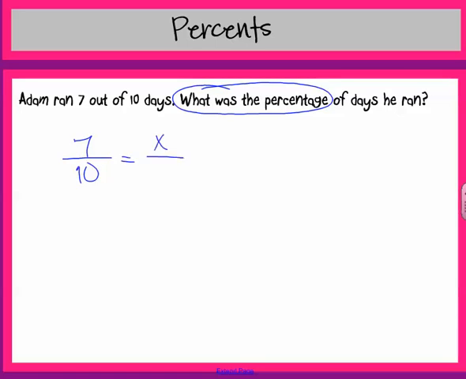We're missing the percent, and we know percent's always compared to 100. So we're doing the same thing now. We're looking for relationships. We know to get from 10 to 100, we need to multiply by 10. So we'll do that same thing up here. And we know that Adam ran 70% of the days.